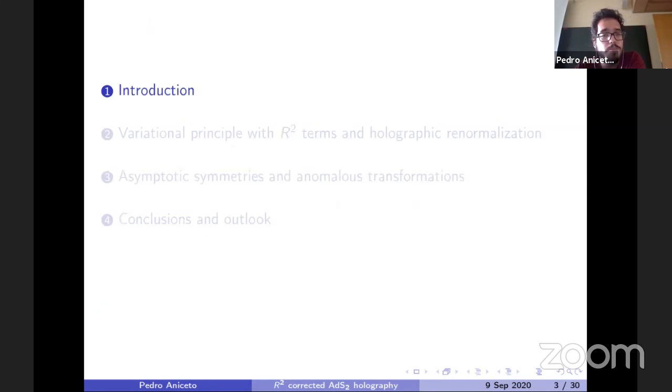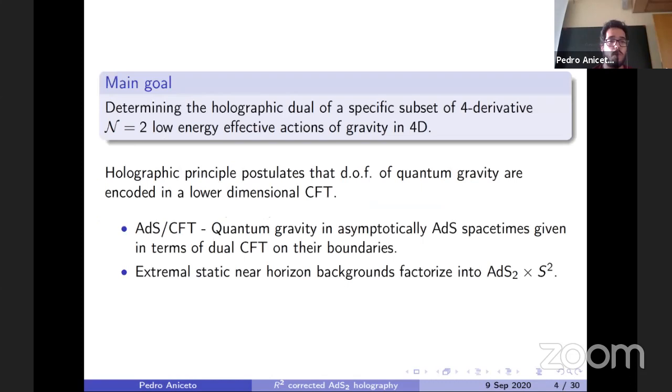So let's start. The main goal will be to determine the holographic dual of a specific subset of 4 derivative N equals 2 low energy effective actions of gravity in 4 dimensions. This 4 derivative appears specifically in R-square corrected terms of the theory.